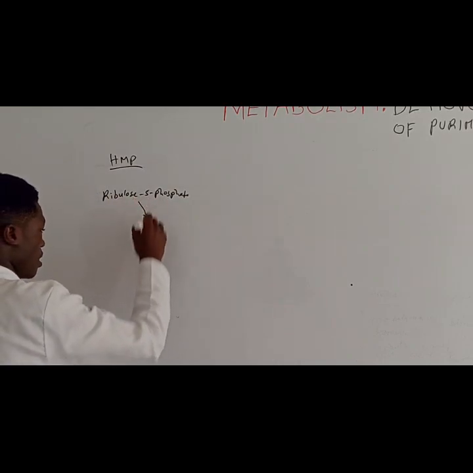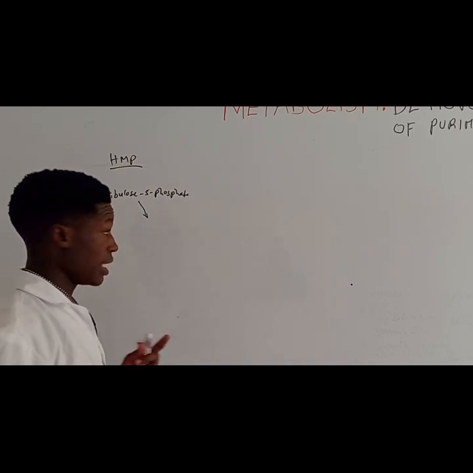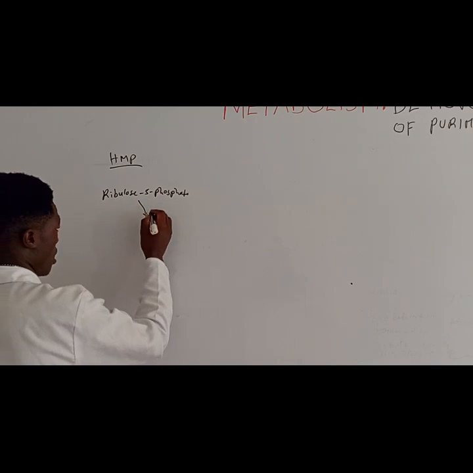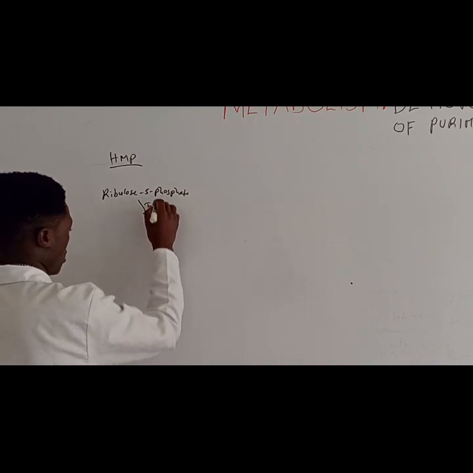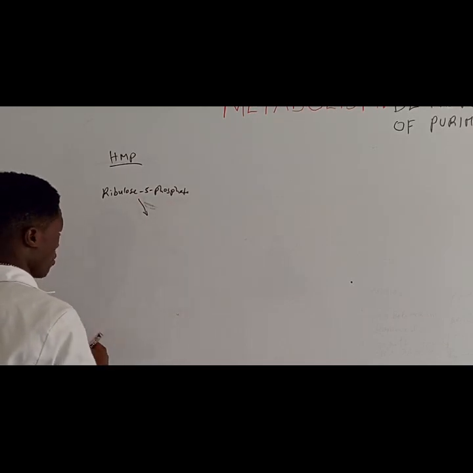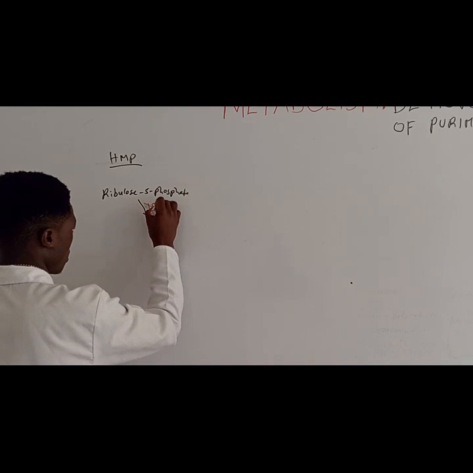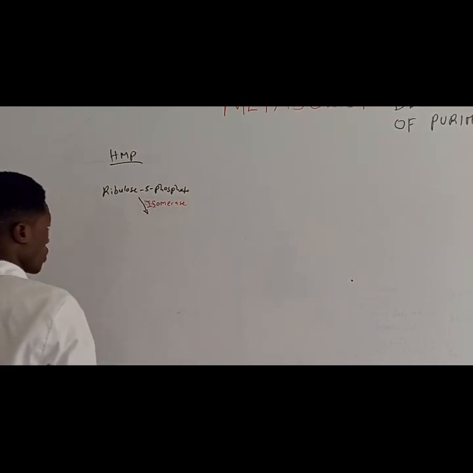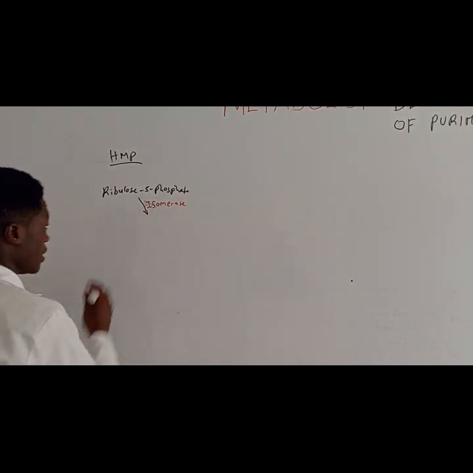When it is acted upon by an isomerase, that is ribulose 5-phosphate isomerase, you are going to get ribose 5-phosphate.